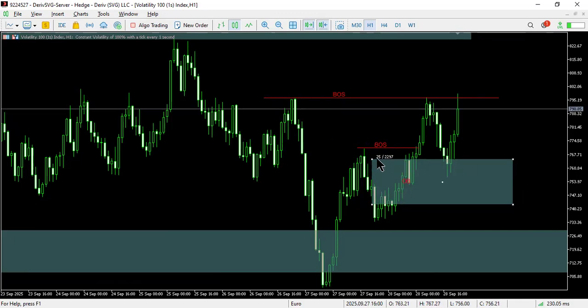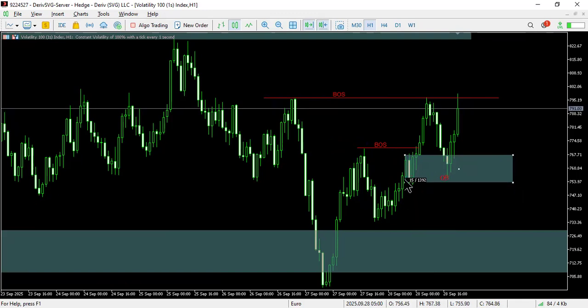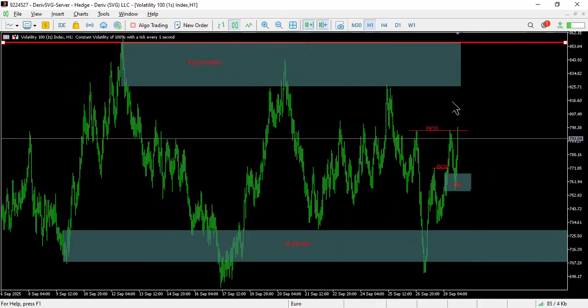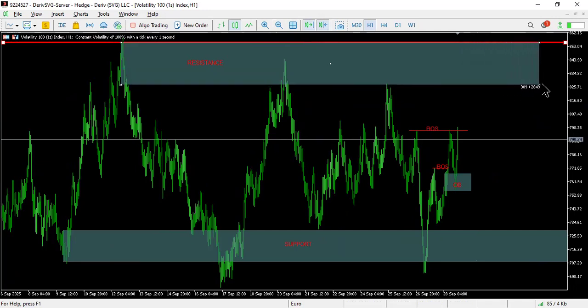And then price came back to mitigate the order block which caused the break of structure, that order block, like that. So from studying the internal structures, it's looking like price is headed to this resistance level.